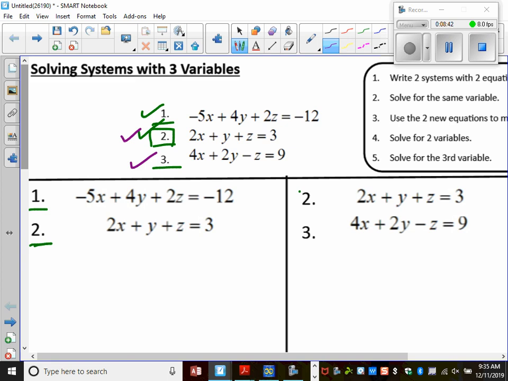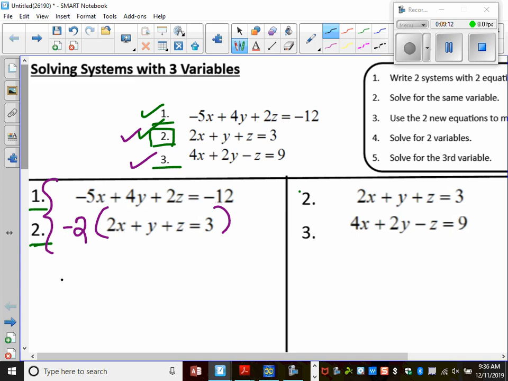Now you're going to eliminate the z's. Okay, we're going to eliminate the z's in both. So let's take a look at this first system here. If I want to eliminate the z's, what will I have to multiply the second equation by? -2. All right, so I'm going to put parentheses and I'm going to put -2. So let's just go ahead and rewrite the first one because we're not changing that.